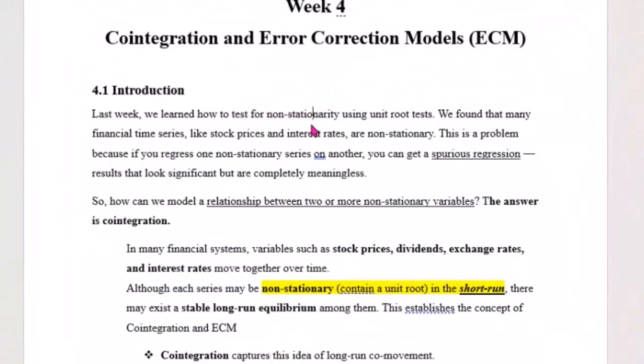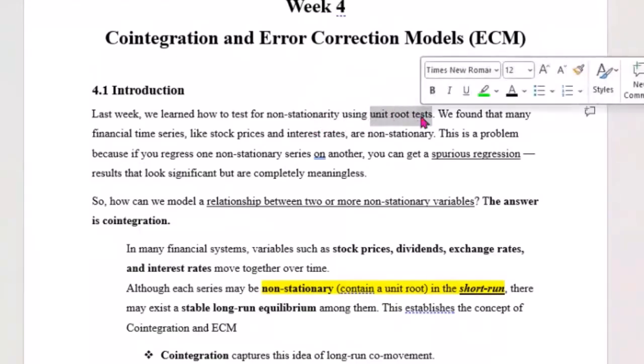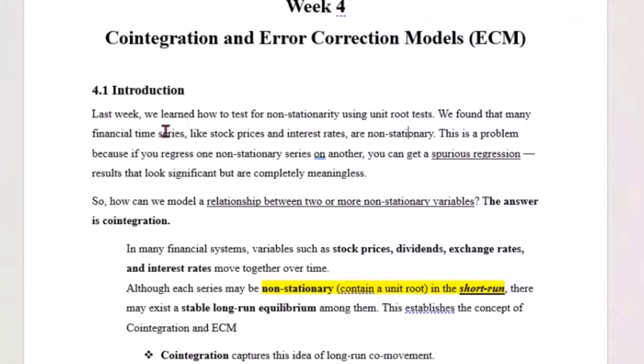and we used a technique called the unit root test. And we find that in many financial time series, such as stocks and interest rates, most of them are non-stationary. Because they are non-stationary, we have to transform them before we carry out any particular analysis.